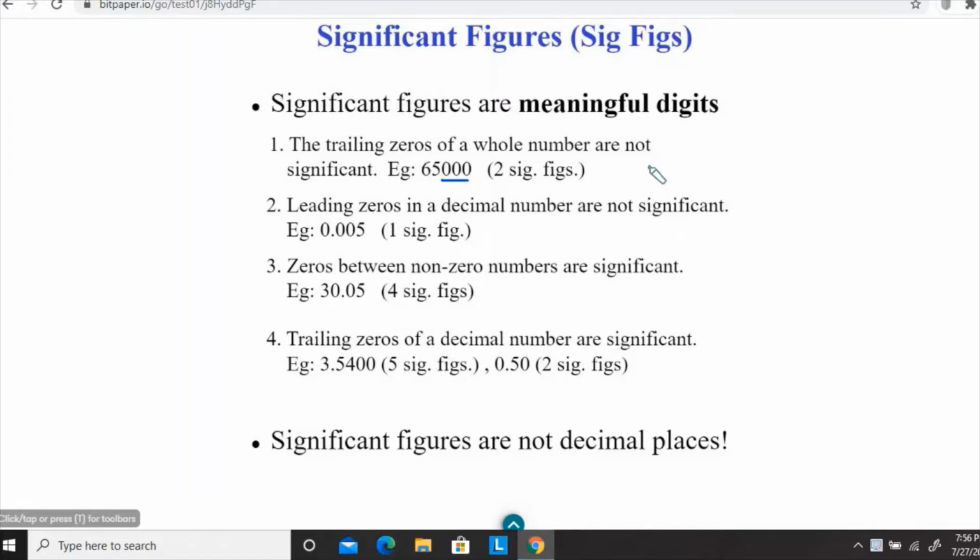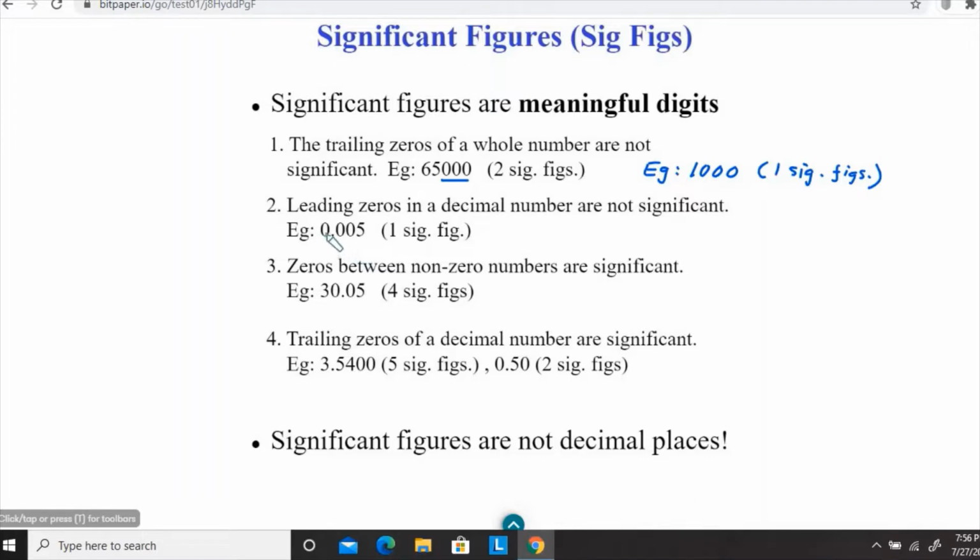So if you see something like this, another example, let's say 1000. Here there's only one sig fig because the trailing zeros are not significant. The second rule is leading zeros in a decimal number are not significant. So now you need to look at a decimal number. If there are leading zeros, that is zeros before a digit, then those zeros are not significant.